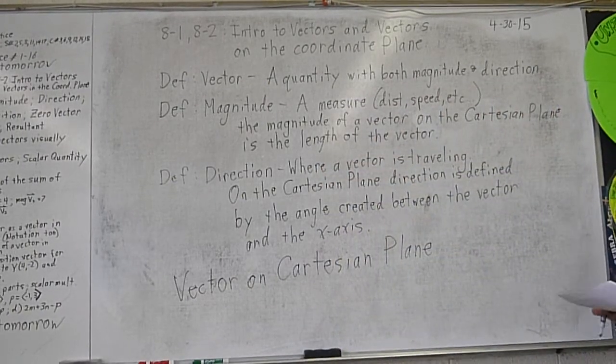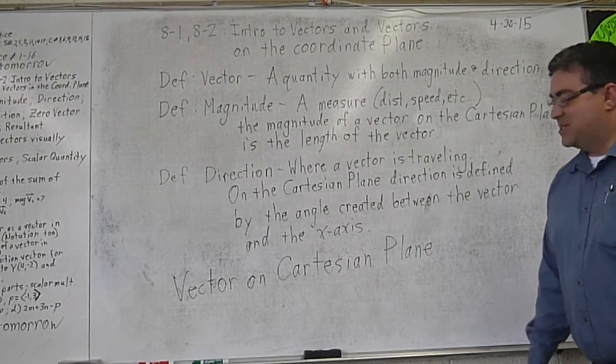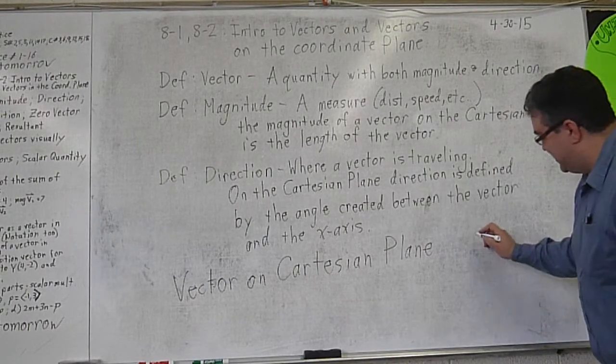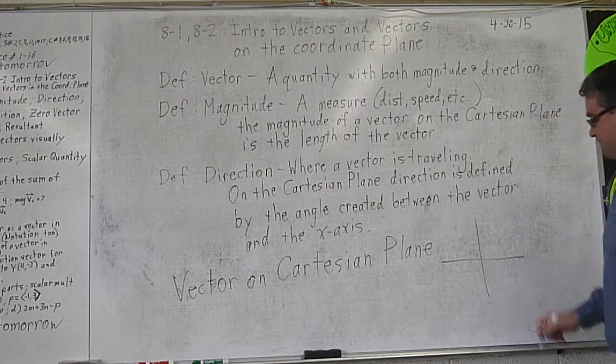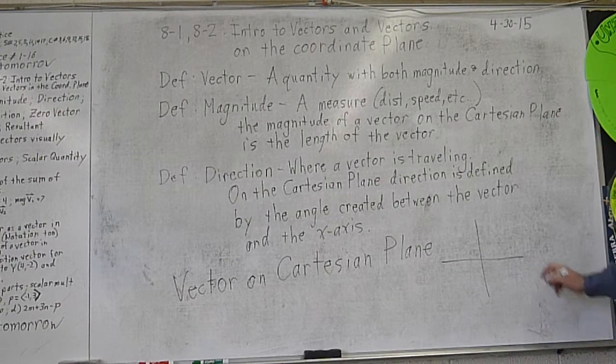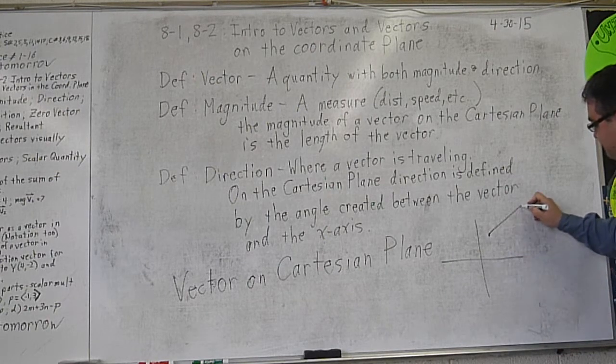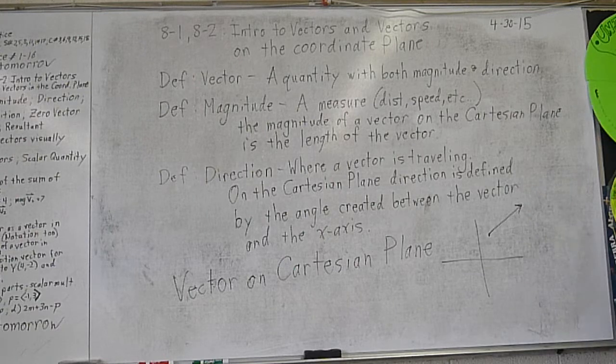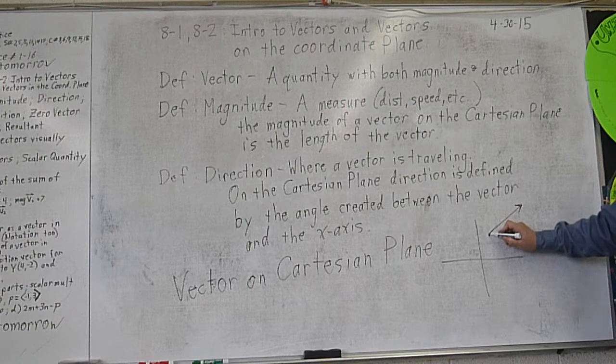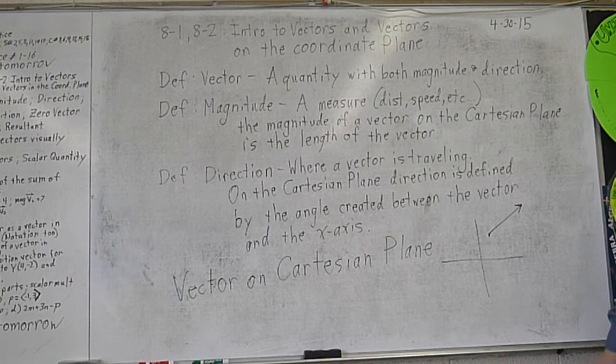So here's what a vector on the Cartesian plane looks like. It might look like that. The arrow is part of the direction. The magnitude is how far it is from here to there.